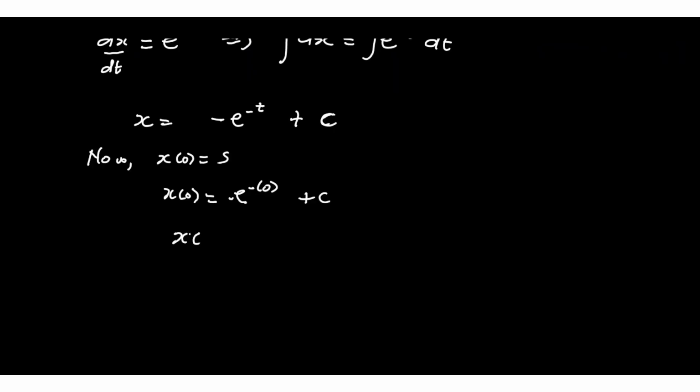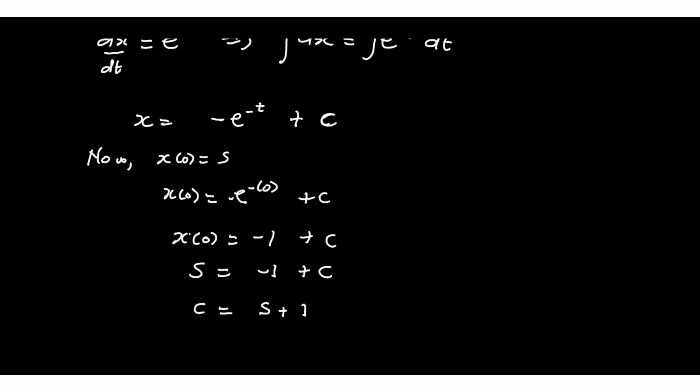So x of 0 will be equal to negative 1 plus c. But we know what x of 0 is, that is s. So we have s equal to negative 1 plus c. Now we make c the subject, because that is what we are looking for, and we have c equal to s plus 1. So we have been able to find our variable c.